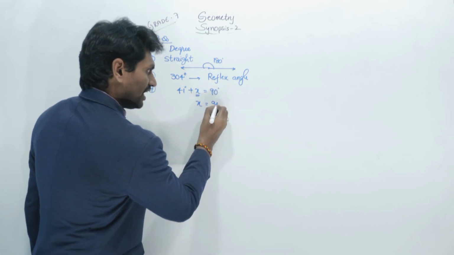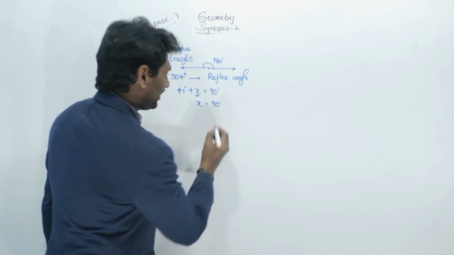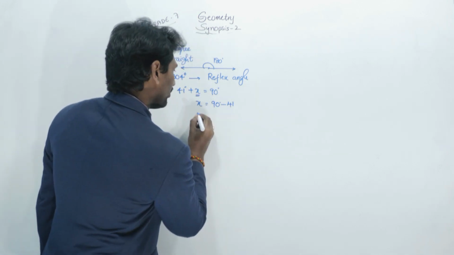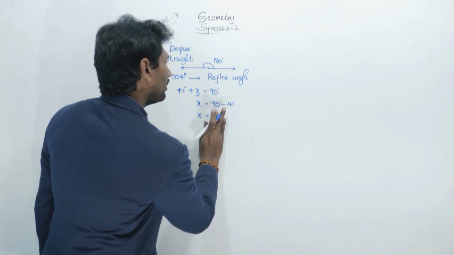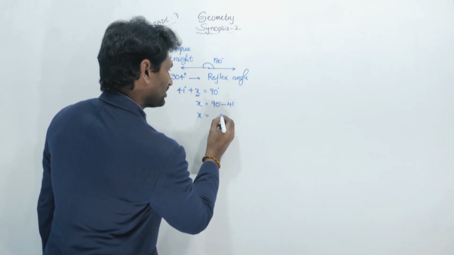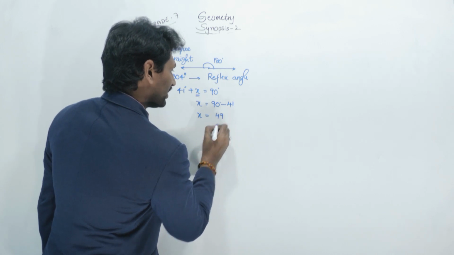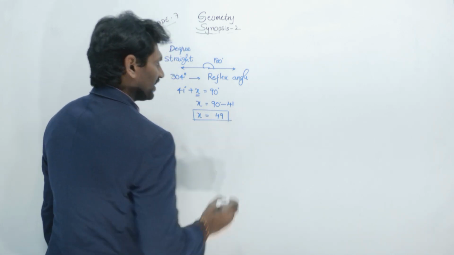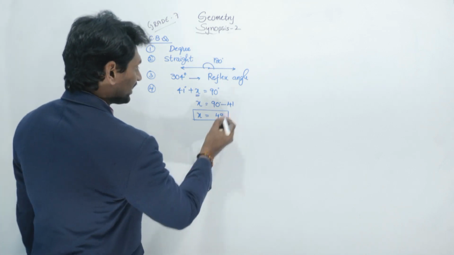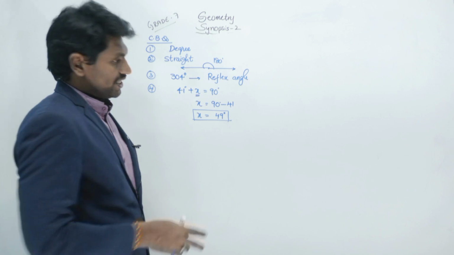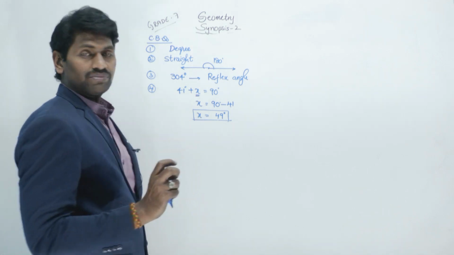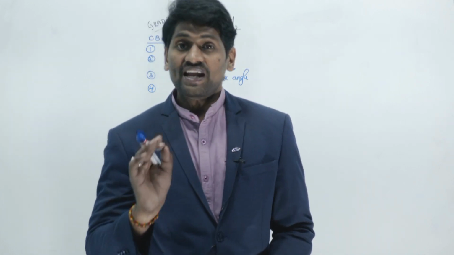Simply transposing 41 to the right hand side, it will be minus 41, that is equal to 90 minus 41, which is 49. So 49 degrees is the complement of 41 degrees, because 41 plus 49 becomes 90 degrees. Complement means the sum of two angles is 90 degrees.